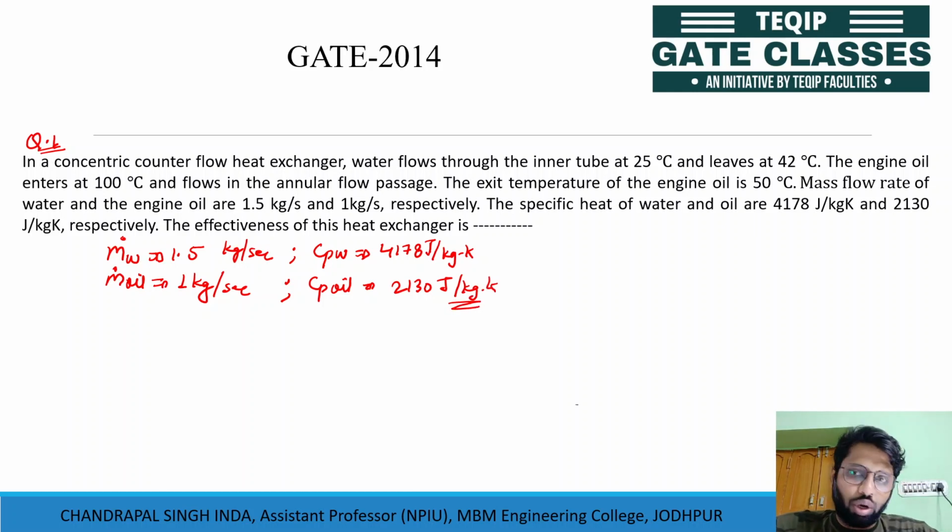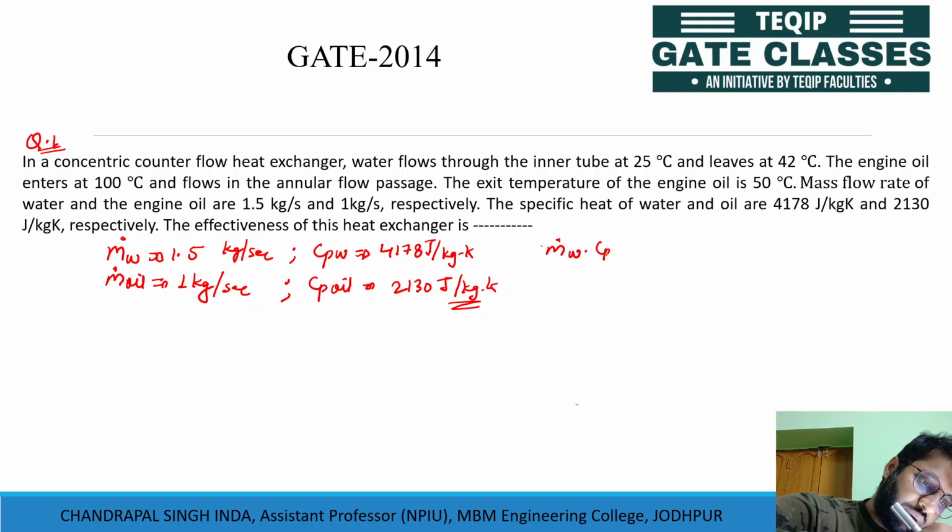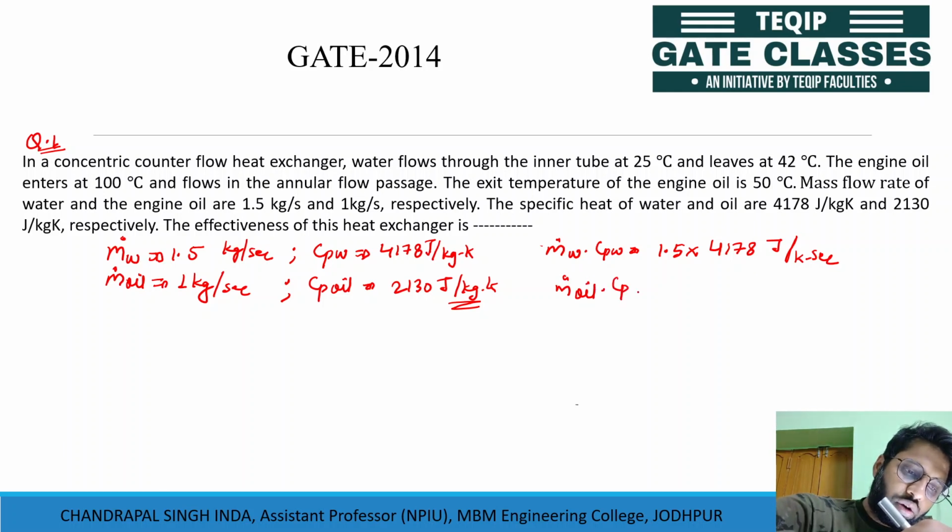Here we can find the product of mass flow rate and the specific heat, that will be equal to the heat storage capacity, and we have that the product of mass flow rate water multiplied by CPW is equal to 1.5 multiplied by 4178 joule per Kelvin second, and product of mass flow rate of oil and specific heat of oil will be equal to 1 into 2130 joule per Kelvin into second.